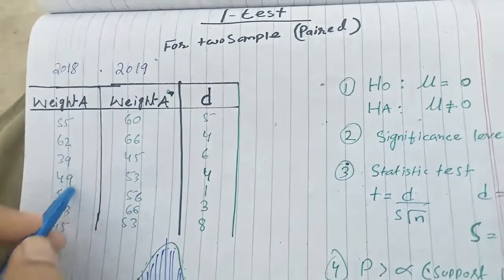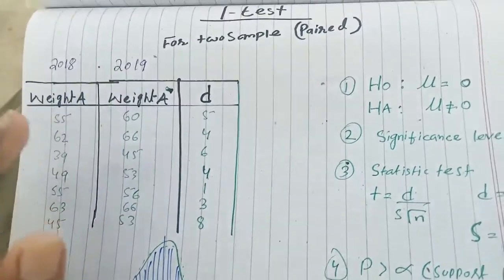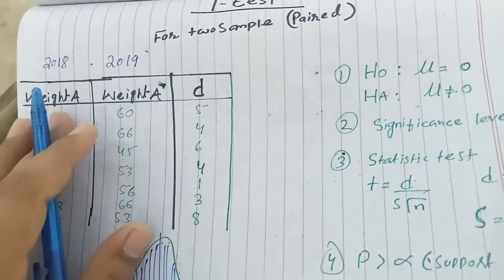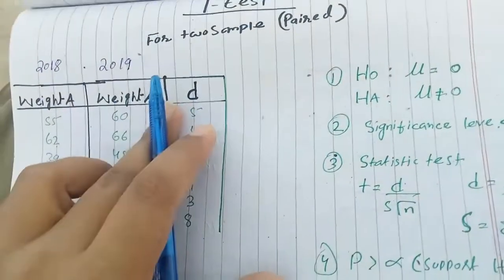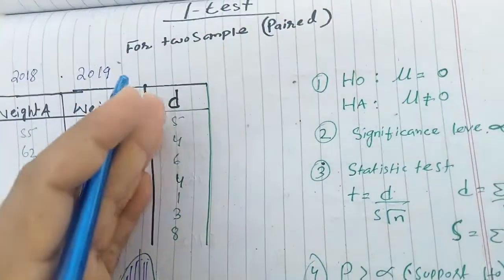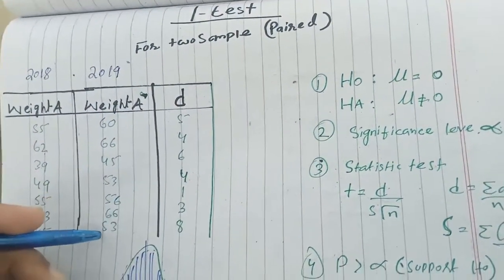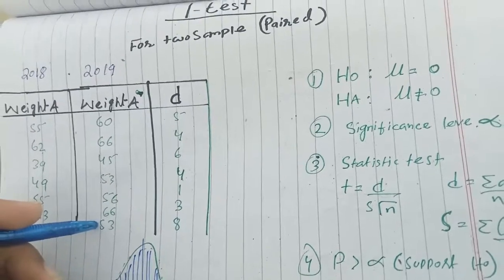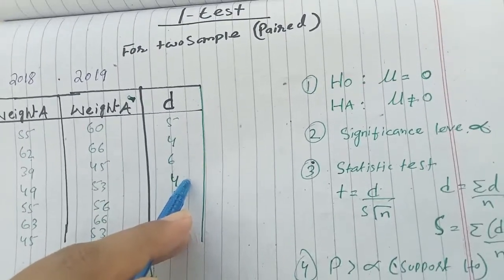So this is the diabetes patients' weight in 2008, and when we check the weight of these diabetes patients in 2019, after the 1 year, we calculated this weight, and there is a difference.